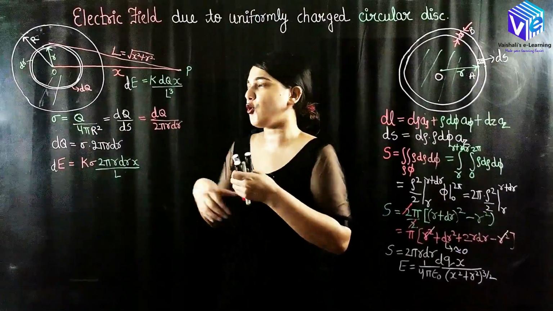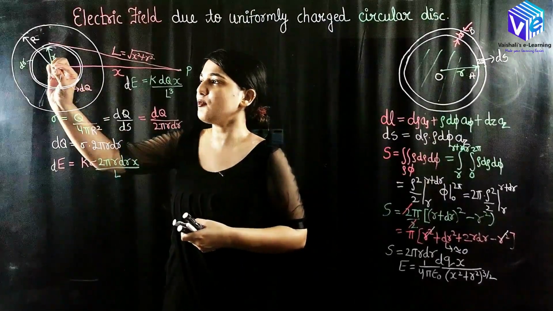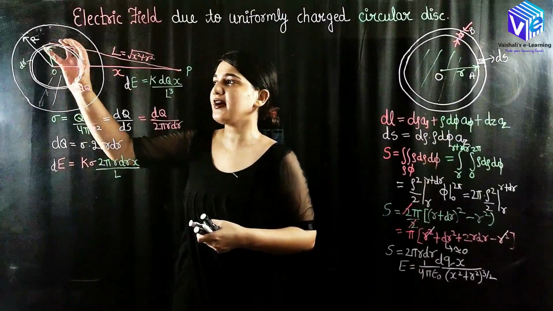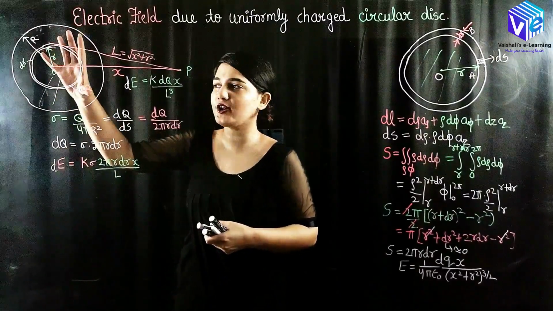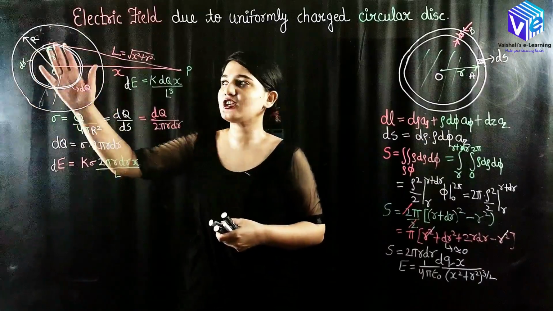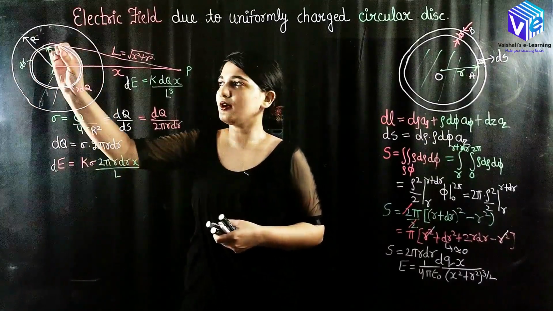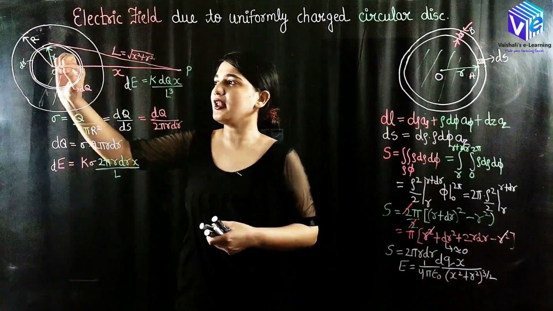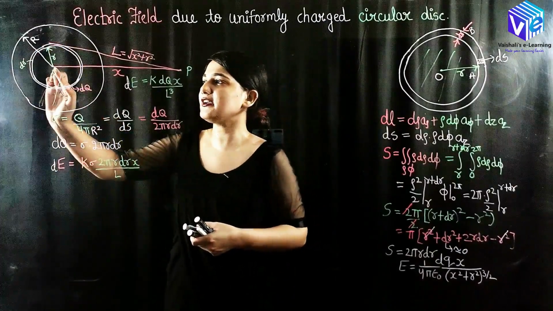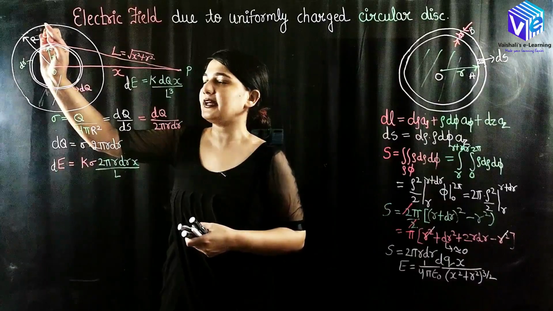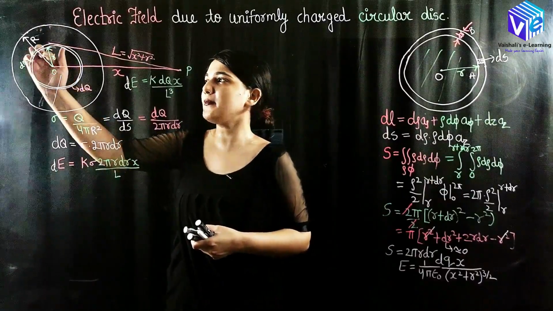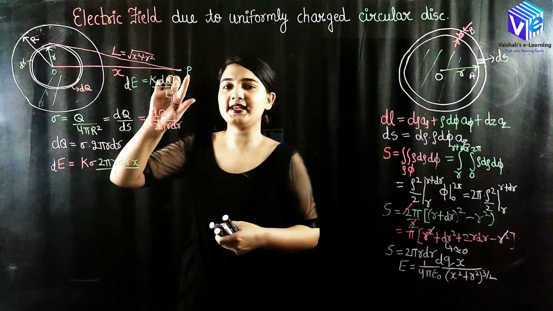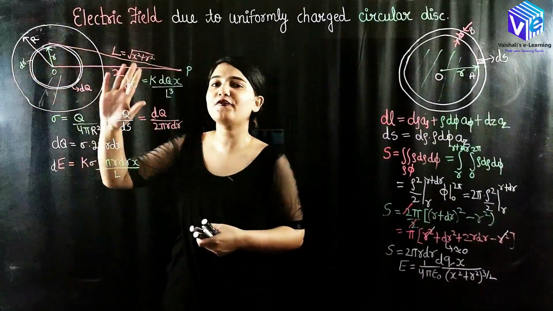Suppose I have the small rings from the 0 point up to the R point, and if I sum all of these small rings, I will get the electric field due to this disk. Here I have just taken a single ring. If I observe a lot of rings starting from 0 up to the capital R, and sum up the electric field due to all of the rings, then I will get the total electric field due to the full disk.